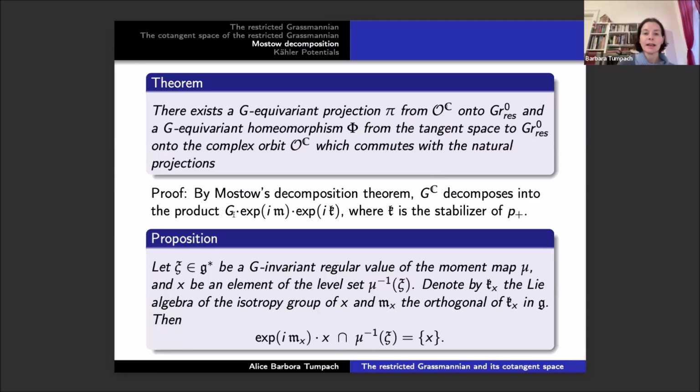So we have the decomposition like this, and when the complexified group acts on the projection P plus, this first term, exponential of AK, will act trivially because K is a stabilizer, and we'll see that the complexified orbit is fibered over the orbit in the restricted Grassmannian, where the fiber is exactly this exponential of iMX. MX here is the orthogonal of the stabilizer of the point X.